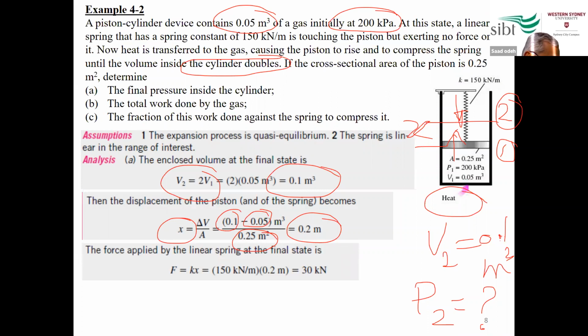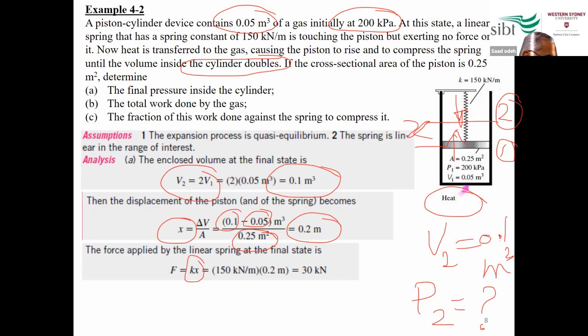And you don't need to worry too much about this, because for any spring, if you need to find the force of that spring, all you need to do is multiply K, the constant of the spring, by the change in length of the spring. And we said the change in length of the spring is 0.2 meter.